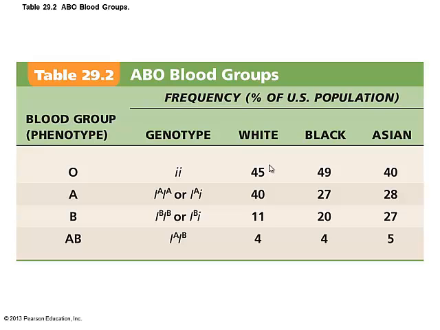Little i gives us very different proteins in which you don't have A and you don't have B on the surface of your cells. So you have neither A nor B. You still have proteins on the surface of your cells, but they're not A and they're not B. We call that what? Type O.